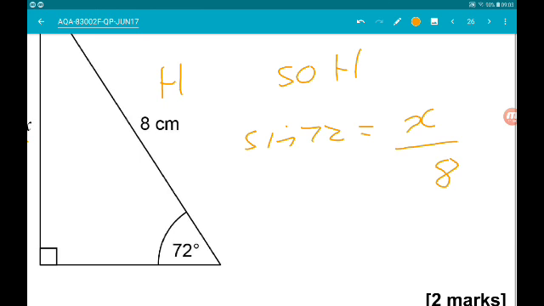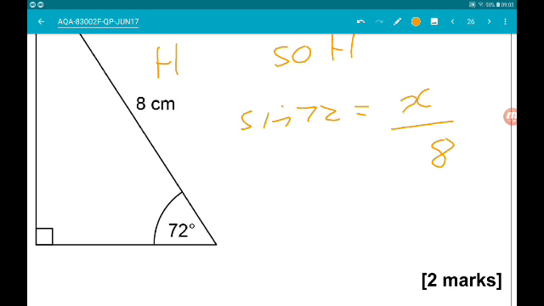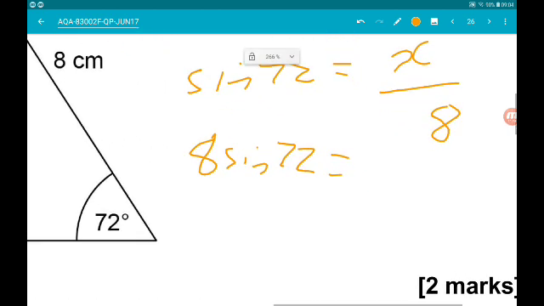Now we need to move that 8, so multiply through by 8, we get 8 sine 72. Very important to do it that way around. Don't do sine of 72 times 8 because that's wrong. So 8 sine 72 is equal to x.